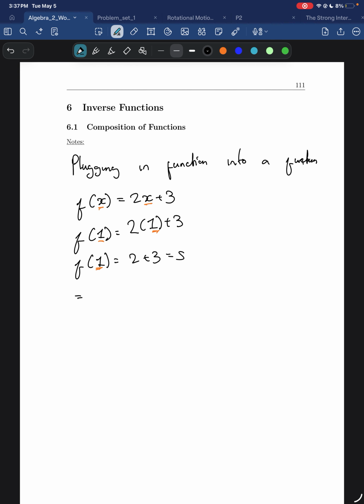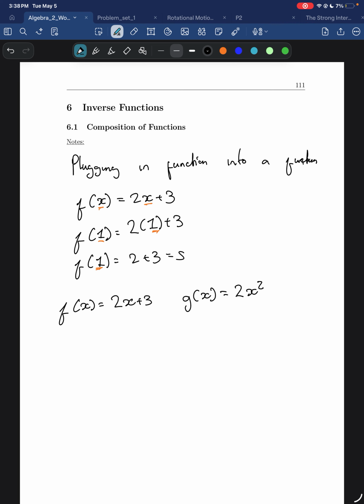So when it comes to composition of functions, instead of replacing x with a number, you are replacing x with another function. So if I have two functions, my f of x equals 2x plus 3, and my g of x equals, let's say, 2x squared.